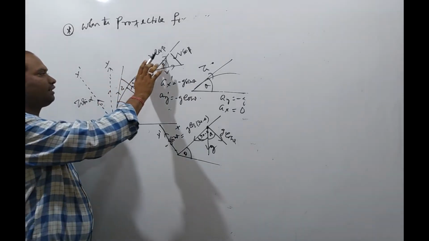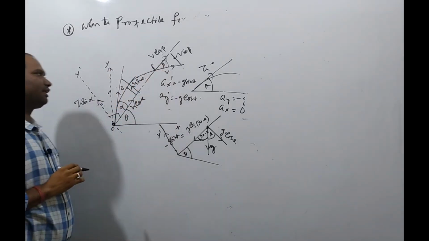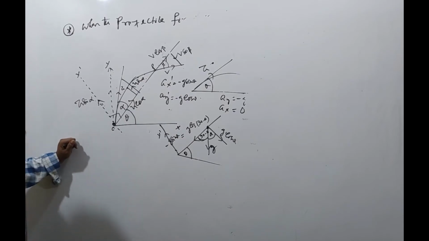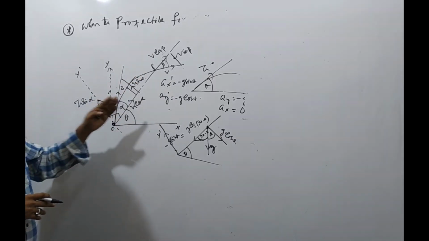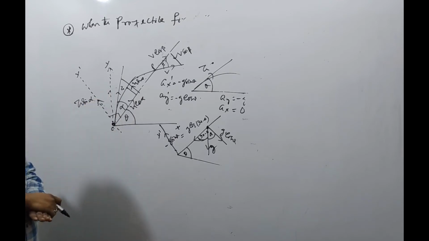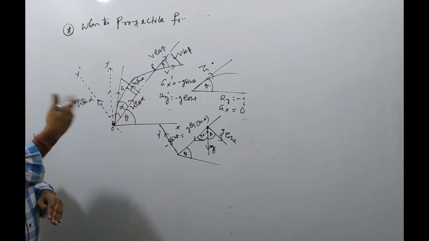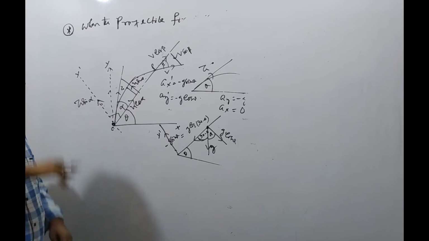This velocity, the final velocity after the time t, initial velocity was what? U cos alpha. And the acceleration is minus g sin theta. That u cos alpha has now changed after the time t into V cos beta.